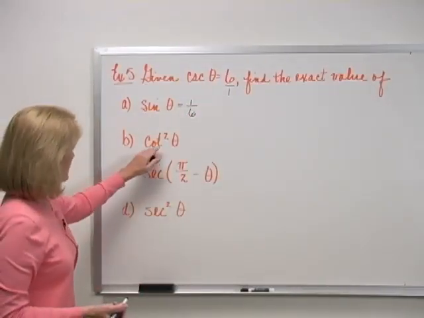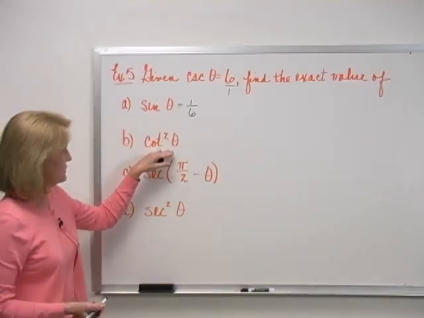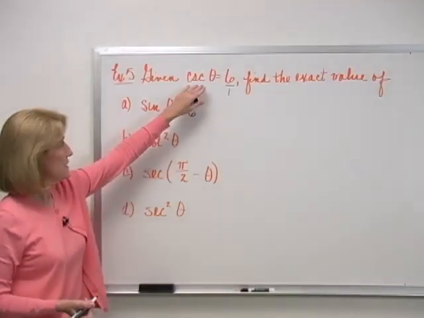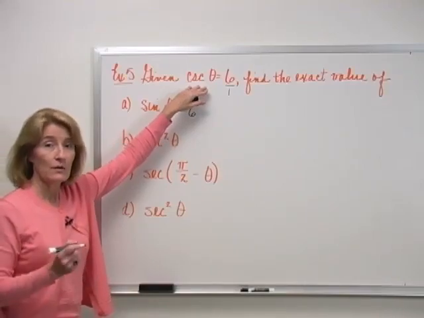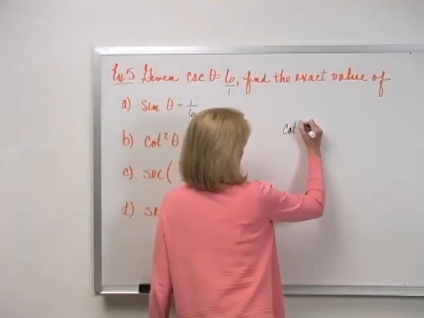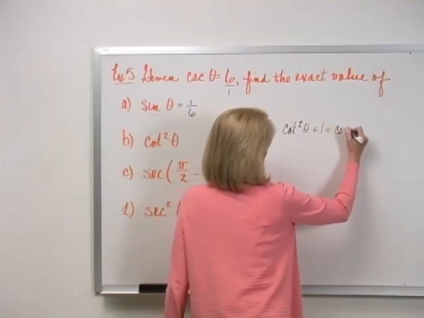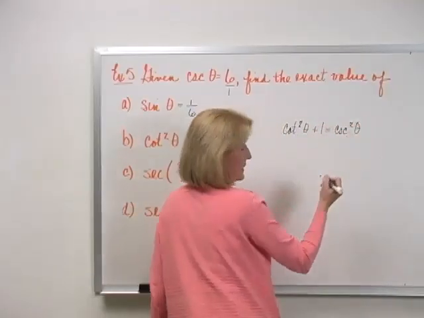All right, cotangent squared of theta. What do we know about cotangent squared that has a direct relationship to cosecant? Okay, well, we know this identity. We know that the cotangent squared of theta plus 1 is the cosecant squared of theta.